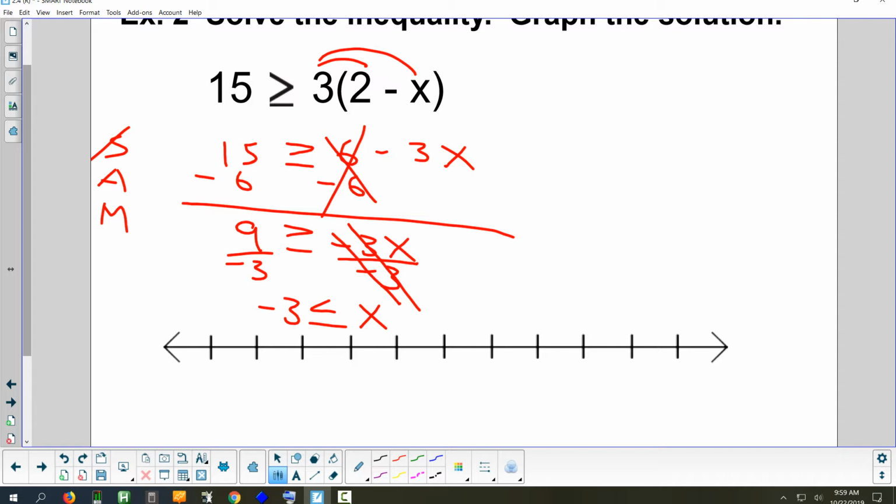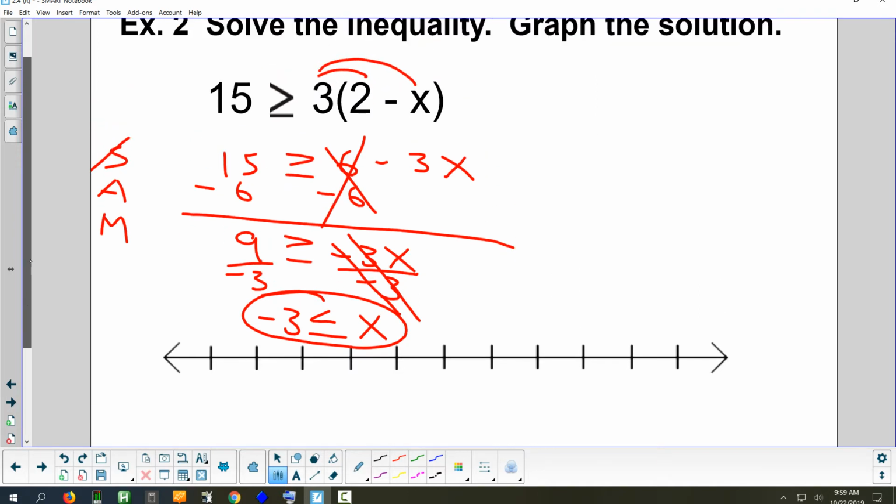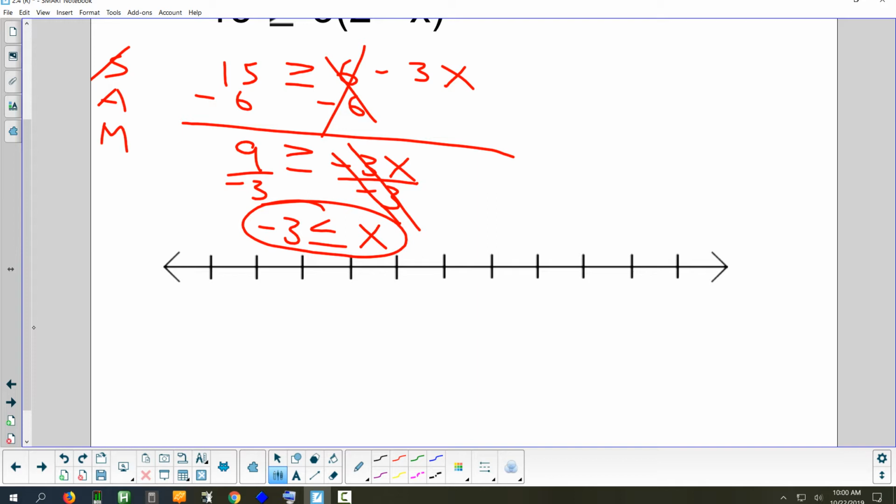If I asked you to solve, is this okay for a final answer? Well, yes, I still have to graph it, but for the solve part, is that okay? Yes. Absolutely. There's nothing wrong with that. I might not like it, but it's not wrong, right? I don't like that the variable's on the right. So if we want to fix it, we can.